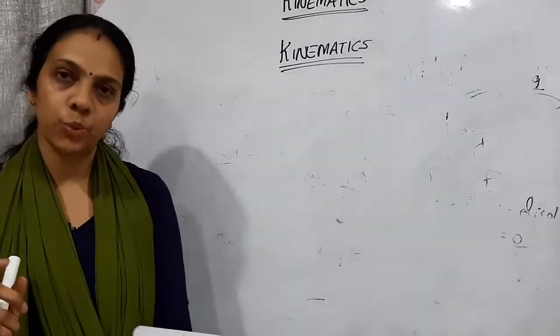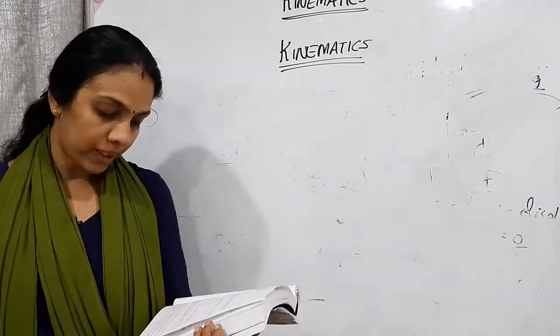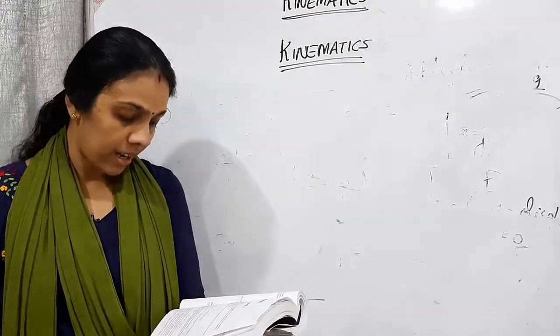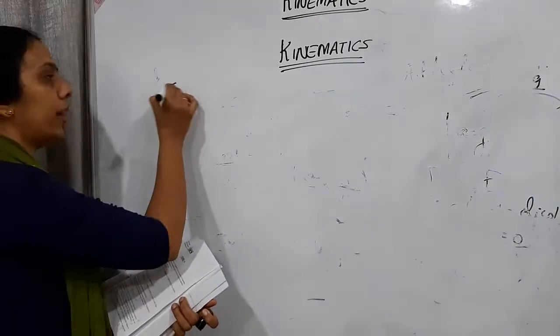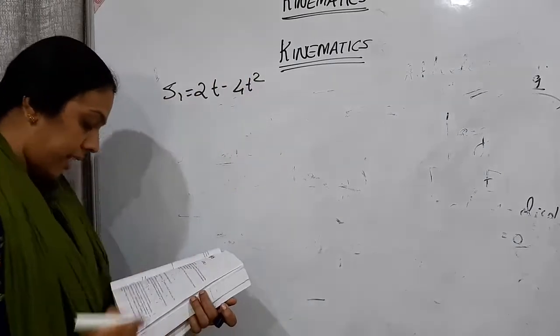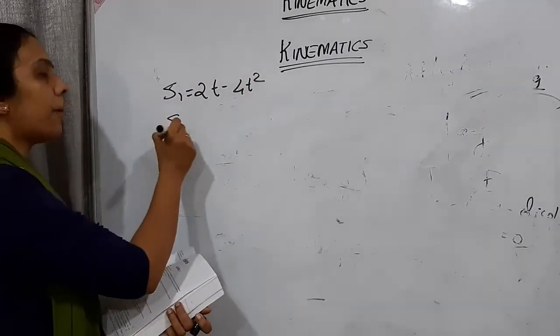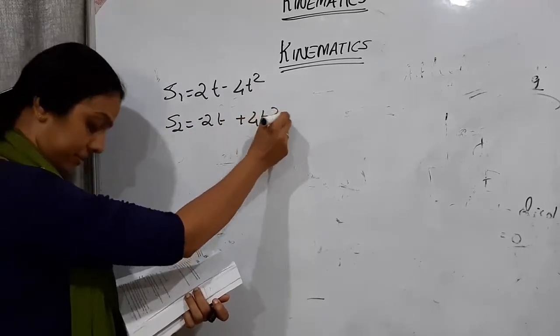Okay, next one, first I will read the question. Displacement time equations of two particles moving in a straight line are S1 equals 2t minus 4t square and S2 equals minus 2t plus 4t square.